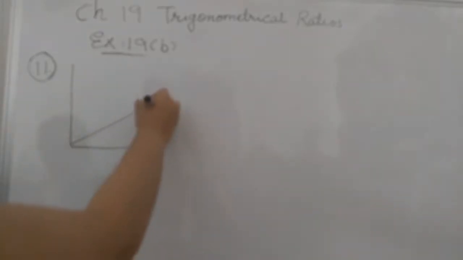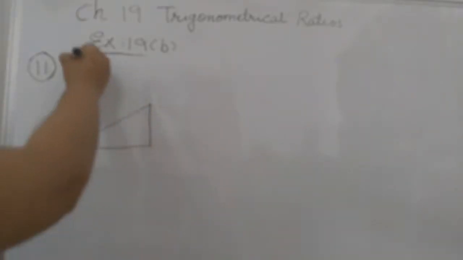Question number 11: using the measurements given in the figure, figure 19.15, find the value of sine phi and tan theta, and write an expression for AD in terms of theta. See here the symbol is phi. So first of all, let me draw the figure here. These are two different triangles, drawn like this.